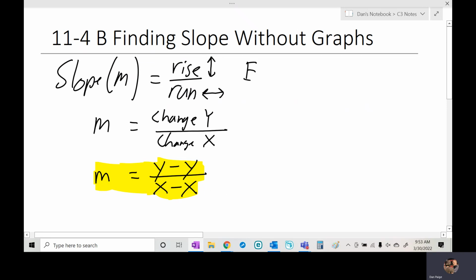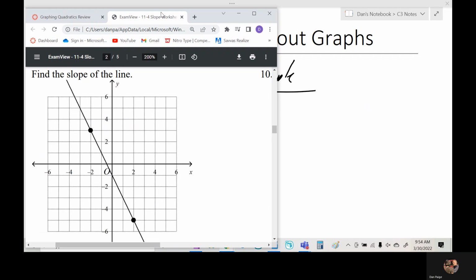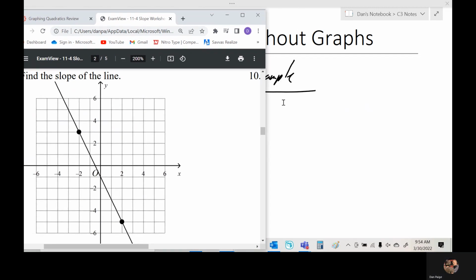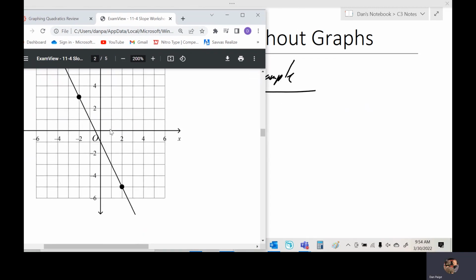So now we'll do our example. And I'm going to use a problem from the homework that you guys did last night. Like this one. If we look at it, the two points that are on here, the name of this point is what? (-2, +3).